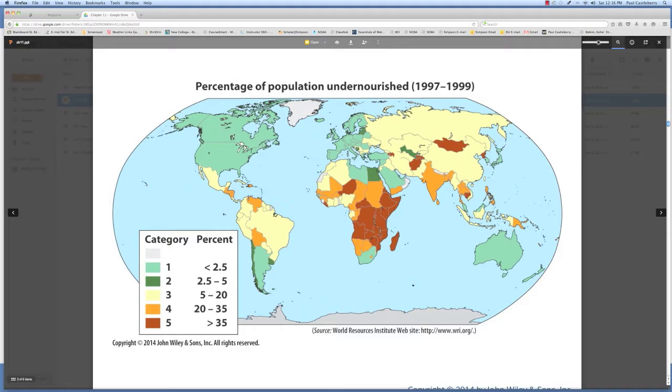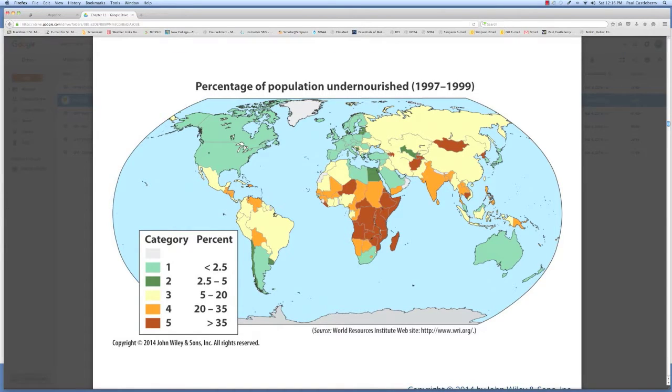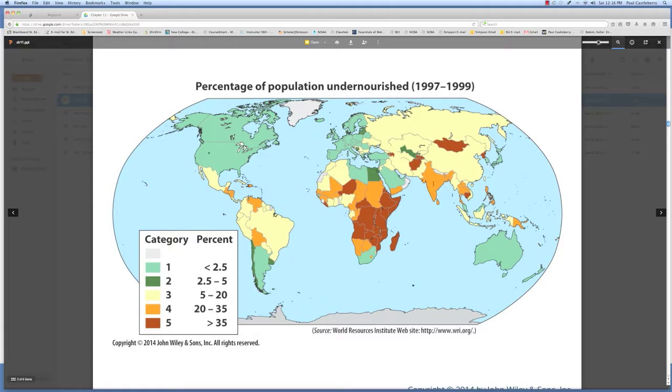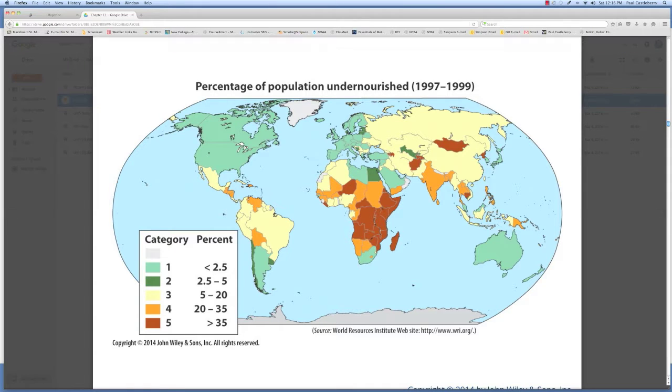You see the U.S., or actually North America, portions of Central America, Australia, Europe, the developed regions, less than 2.5% of the population are undernourished. Again, the continent of Africa and India, which has a tremendous amount of population, is also a major issue.